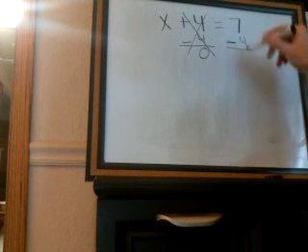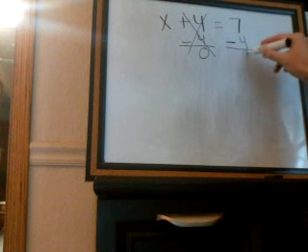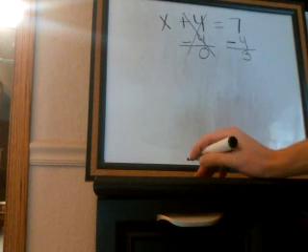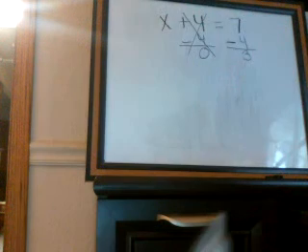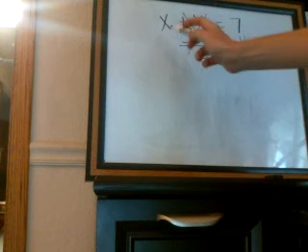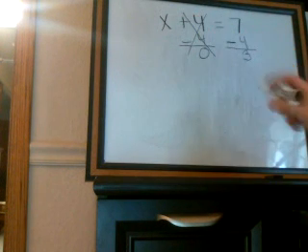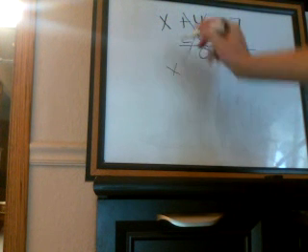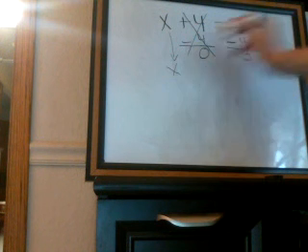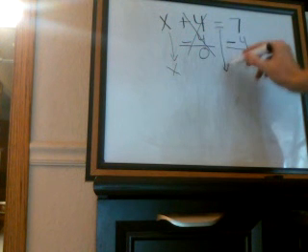And 7 minus 4 is equal to 3. Now, the only amount we have on the left side is just x, and the only amount we have left on the right side is 3. We have x is equal to 3.